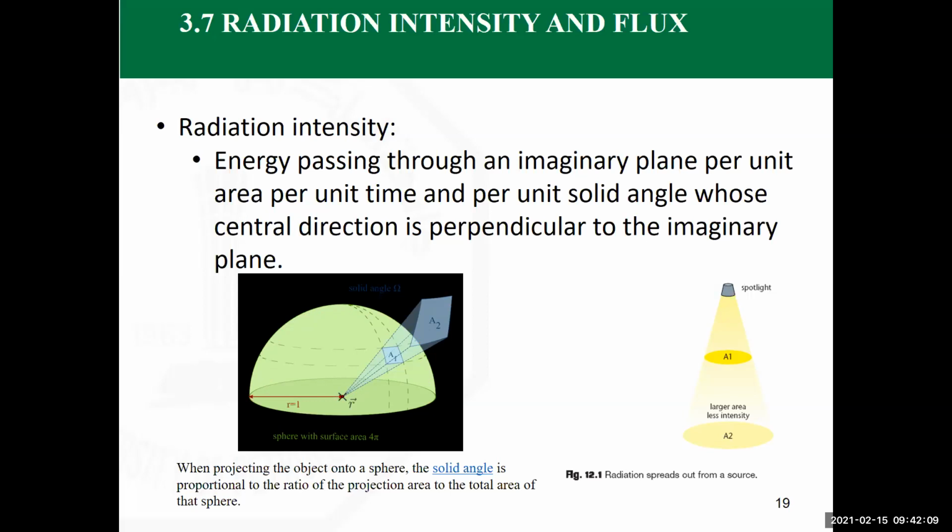The intensity here is the amount of energy which is passing through a unit area, which is A1 here, per unit time, per unit solid angle, and this portion has been selected so that the surface is perpendicular or normal to the ray which is coming from the source to the center of this body.